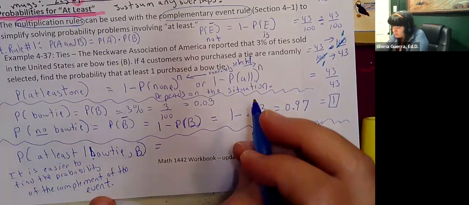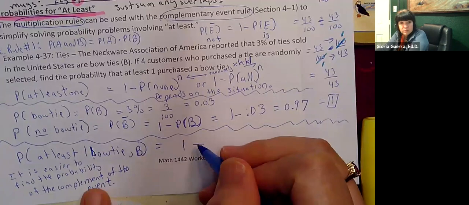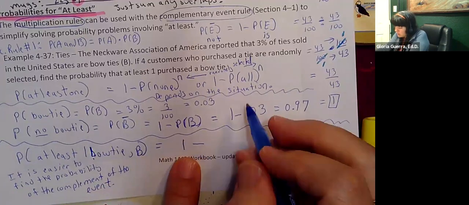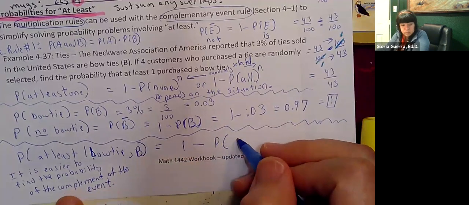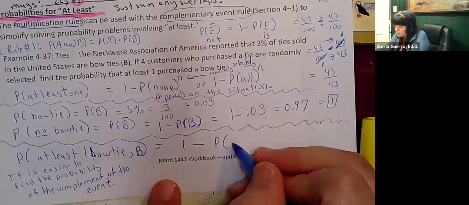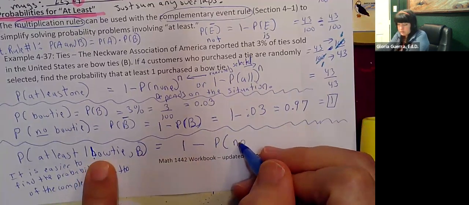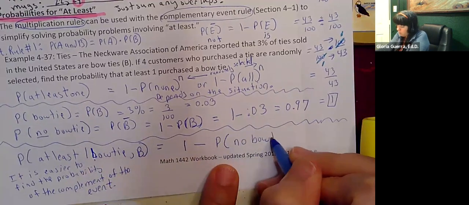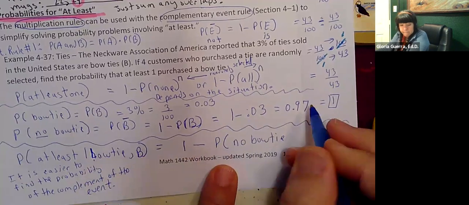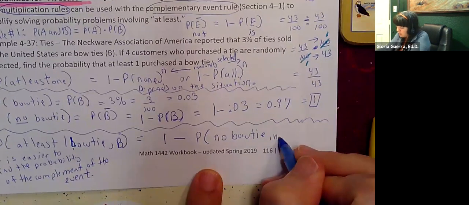And so you can see here when I'm writing 1 minus, so the complement, 1 minus probability, and then I have no bow tie. Here it says at least one bow tie. This says none, no bow tie, which would be referred to as none.